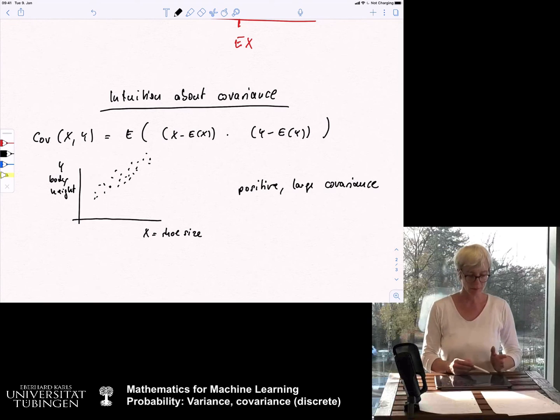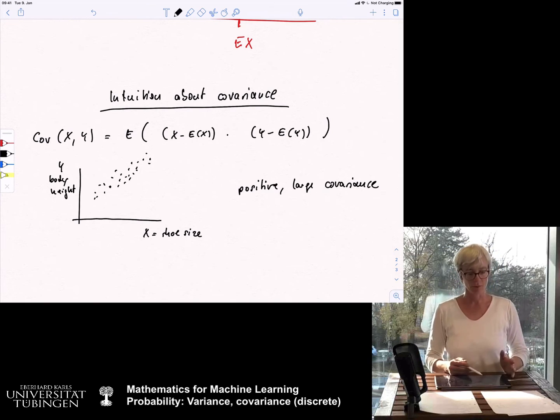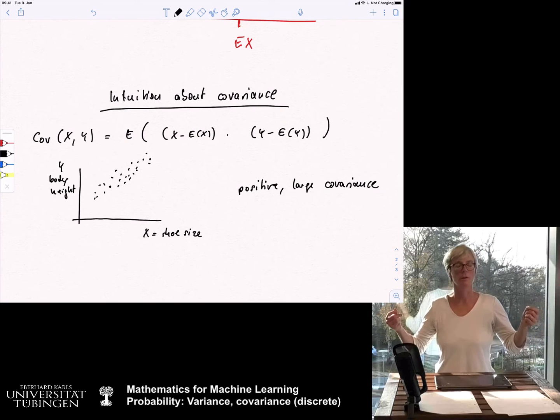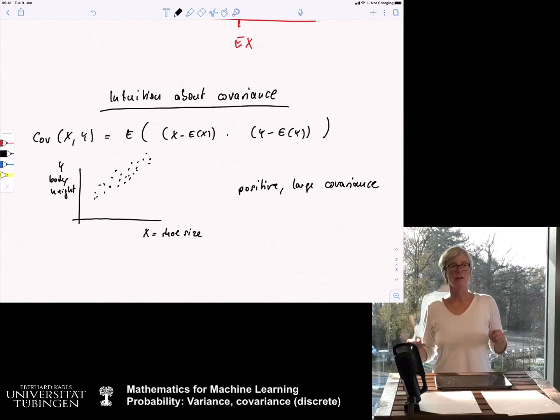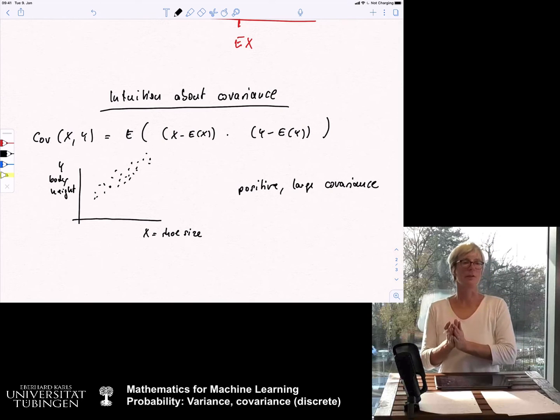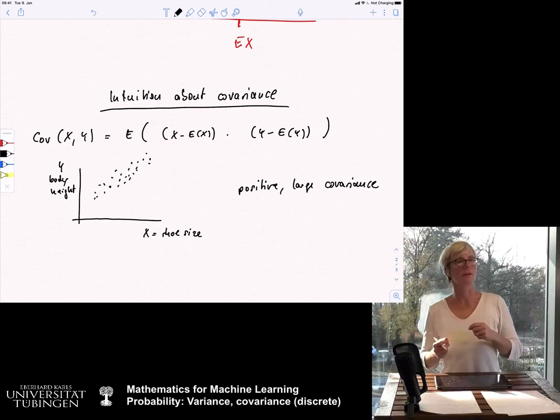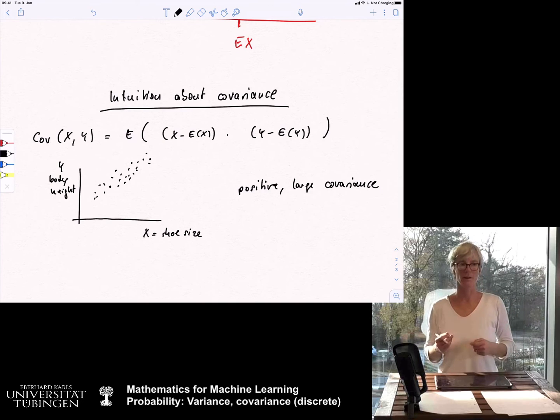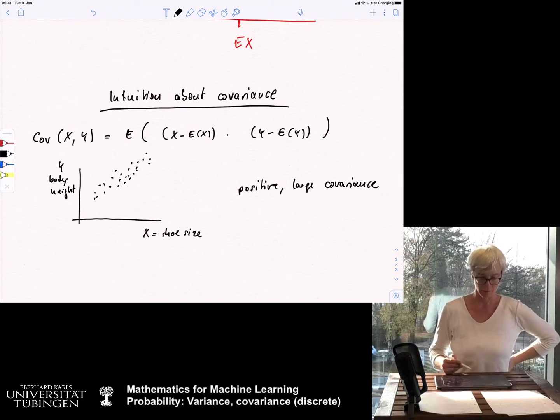Here we have a very nice linear relationship. Intuitively, what you always want to say is: the covariance is high, this means they are very dependent. So once I know, for example, the shoe size, I can already pretty accurately predict what is going to be the body height. And in this example, it's going to work.